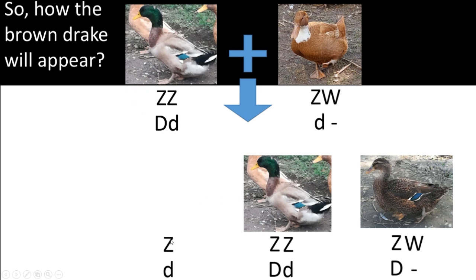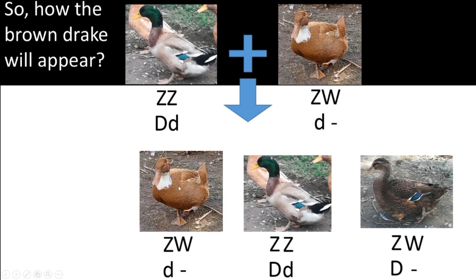Let's look at the third combination, when the father gives the Z with a small d, so with the brown, and the mother gives the W with no colors, it will be brown again. So the brown female can only have brown daughters when the brown comes from the father.